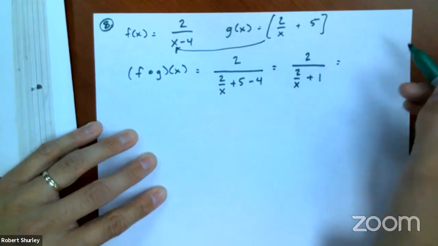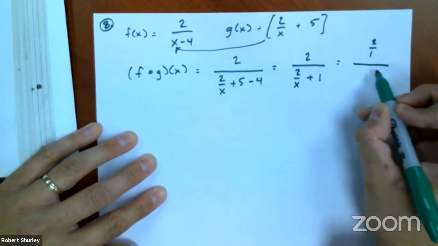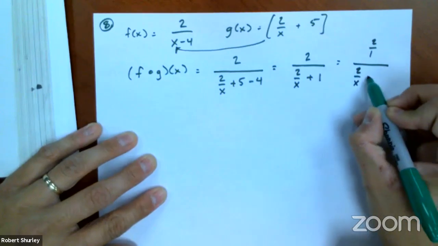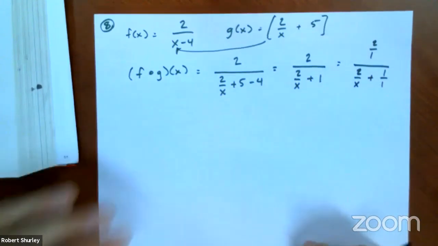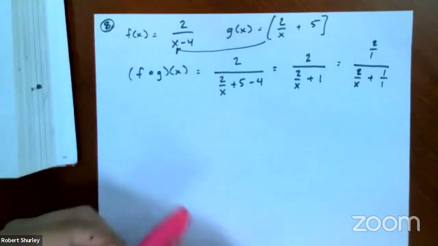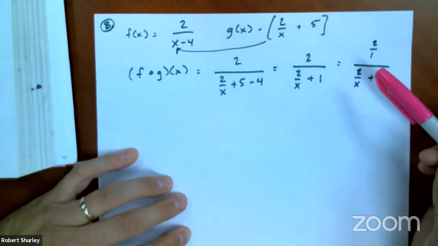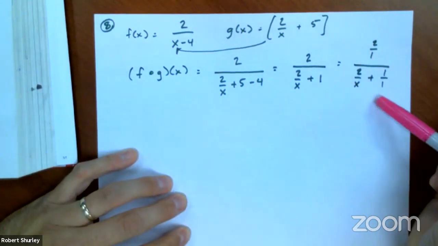I'm going to write all three of these parts as fractions. So 2 over 1 over 2 over x plus 1 over 1, okay? The quick way to do this is to multiply every numerator by the common denominator. Now look, there's only one denominator here, so we've got a 1, an x, and a 1.